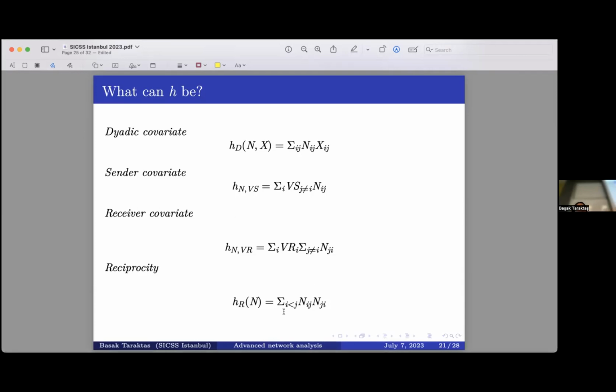A receiver covariate would be something like borrowing, the reverse. Reciprocity, we just talked about it. So I send a tie and the other person sends the tie back to me, right?